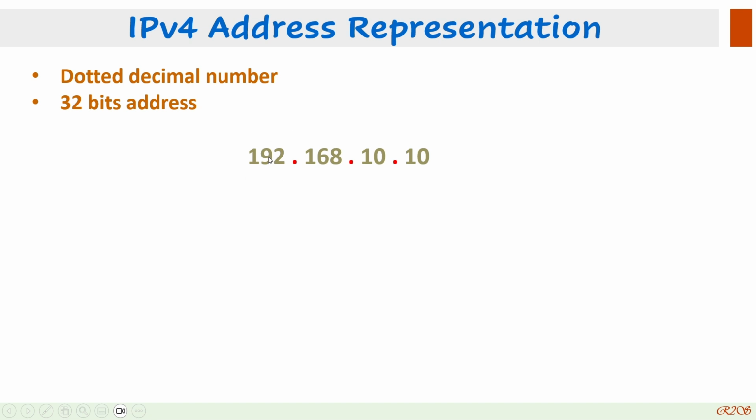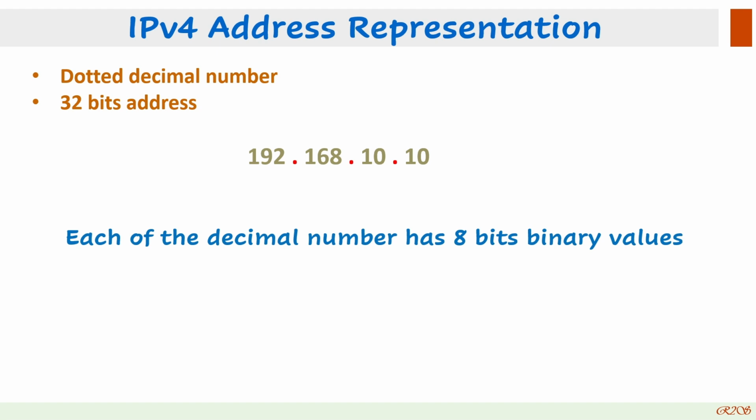Each decimal number is represented in binary as 8 bits. We have four 8-bit groups, so together 32 bits. That's why an IPv4 address is 32 bits. Each decimal number separated by a dot is represented by an 8-bit binary value. So 8 times 4 is 32.